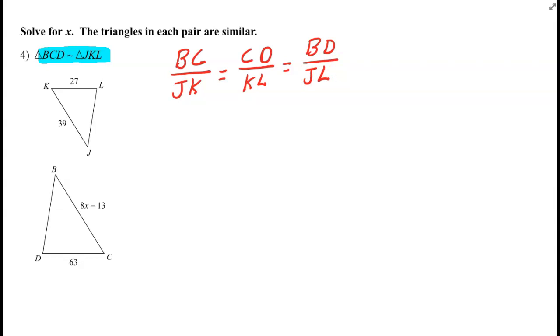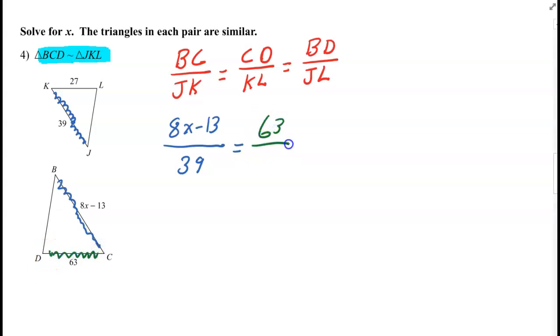Now I'm going to substitute the values. BC is 8x minus 13 over JK, which is 39. That's equal to CD, and CD is down here at the bottom, 63, over KL, 27.